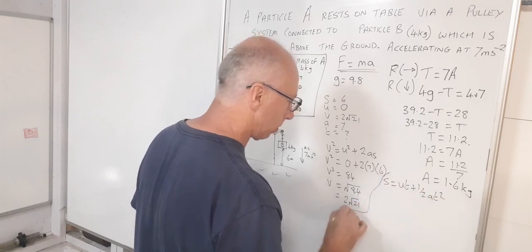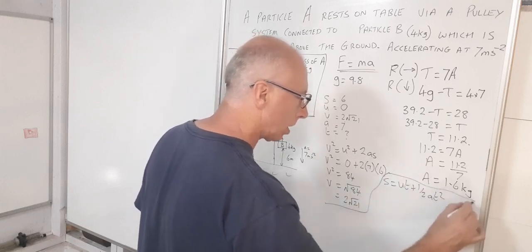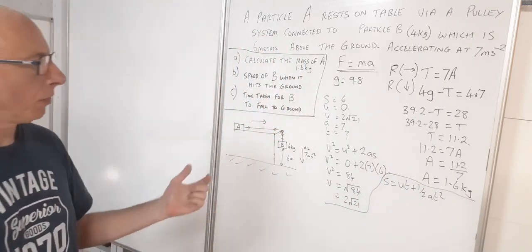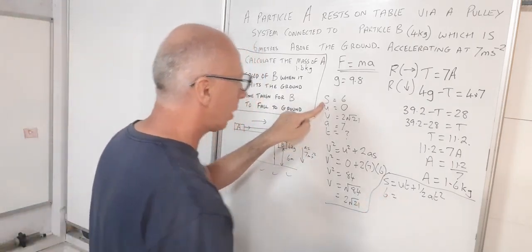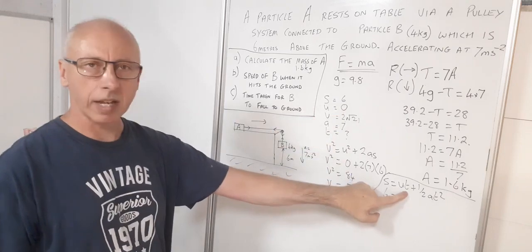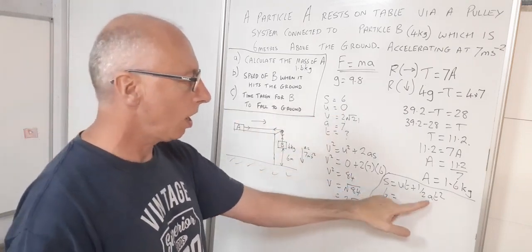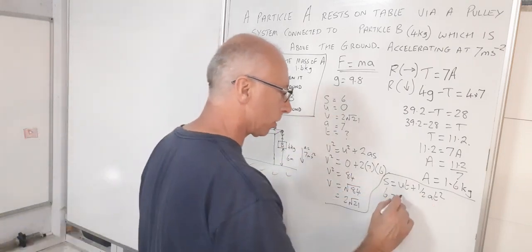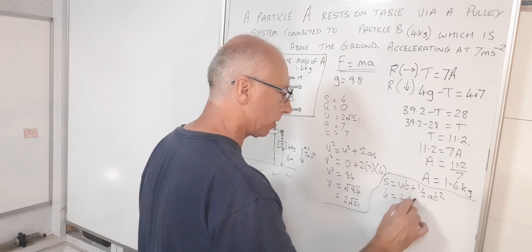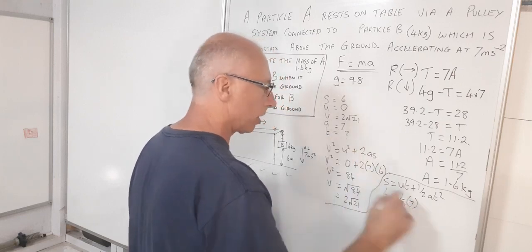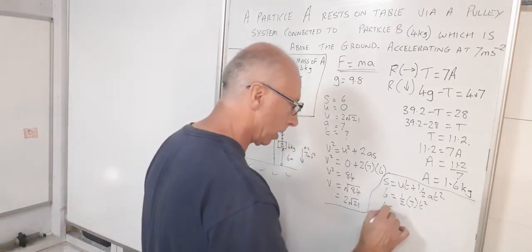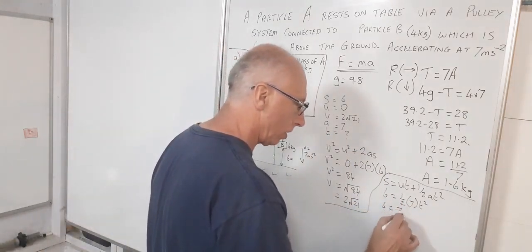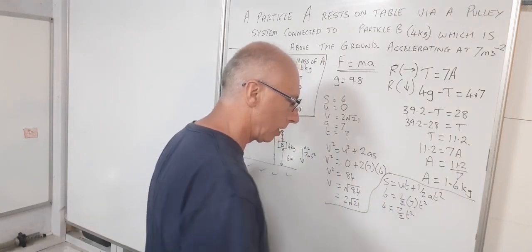Let's keep these ones separate. Now, as we did before, let's plug them in. I've got 6. My initial velocity is 0, so that can just disappear, and then a half times acceleration times time squared. So half times 7 times time squared. Therefore 6 equals 7 over 2 t squared.